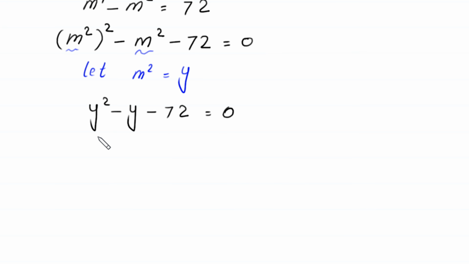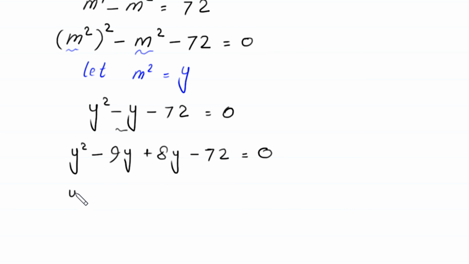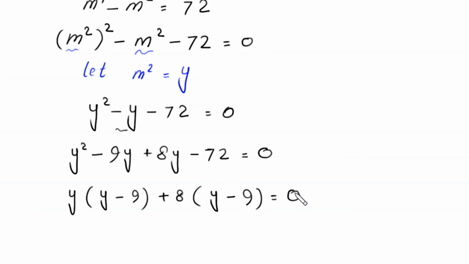We write this y squared, and we split this negative y as negative 9 times y plus 8 times y minus 72 is equal to 0. From these two terms we can factor out y, in bracket left y minus 9, and from these two terms we can factor out plus 8, in bracket left y minus 9 is equal to 0.